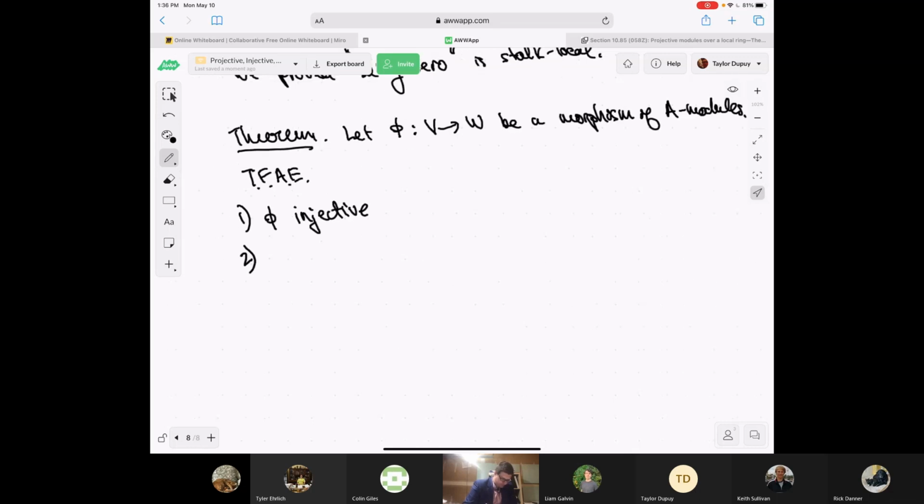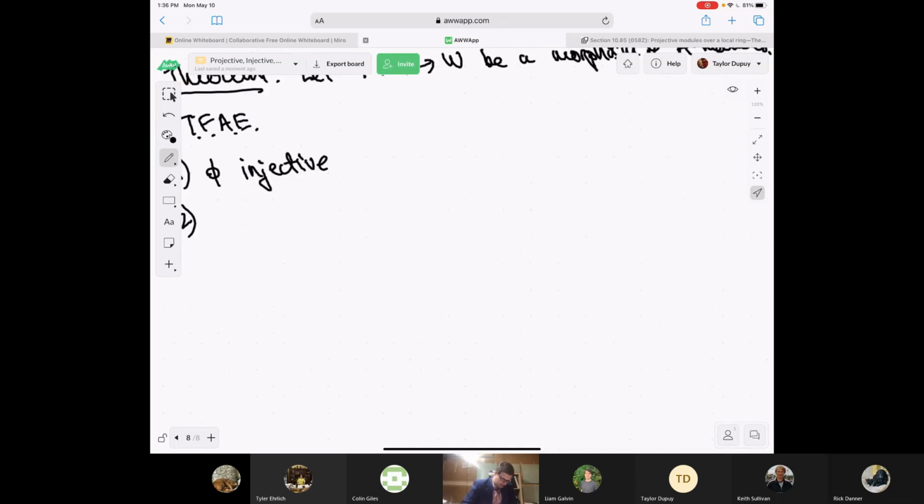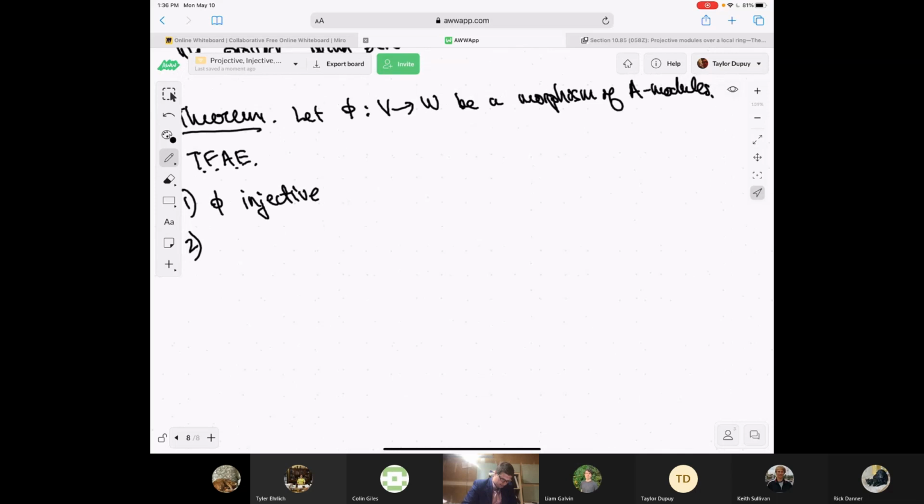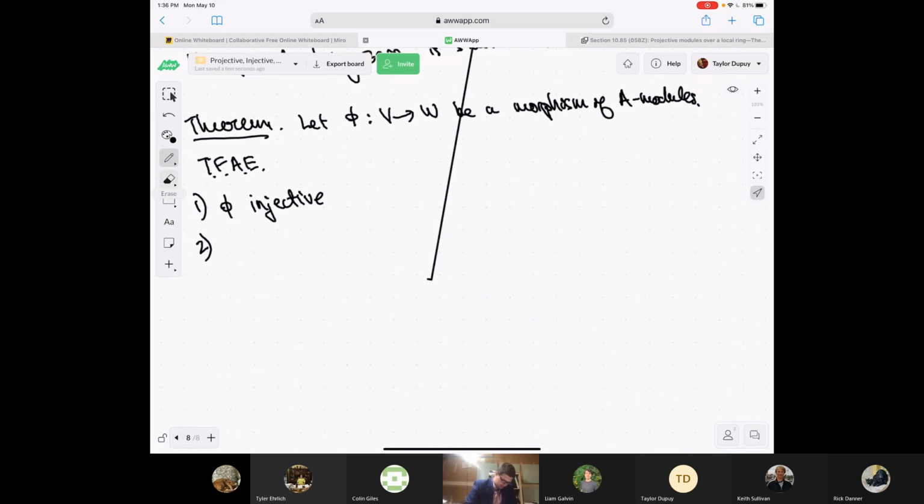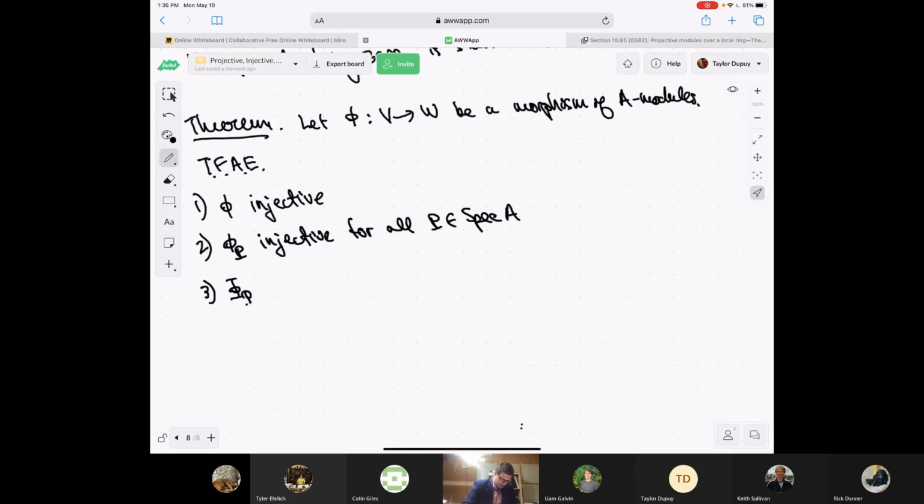Two, phi_p is injective for all p in Spec A. And three, phi_p is injective for all p in Max A.